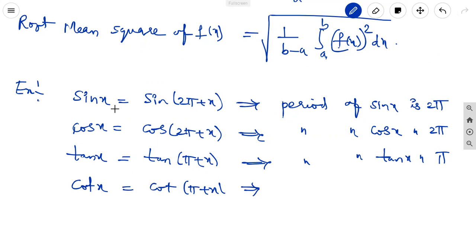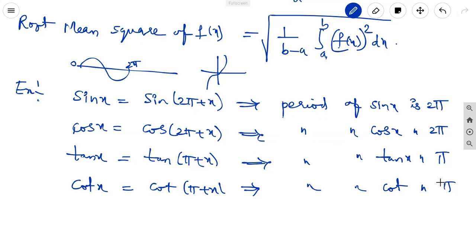In the same way, in the second quadrant, sin is positive, if you think that, but it's not correct. The complete sine and cos waves complete in the period 0 to 2 pi only. But tan periods are different, that is tan and cot. So the period of sine and cos is 2 pi. The period of tan and cot is pi only.